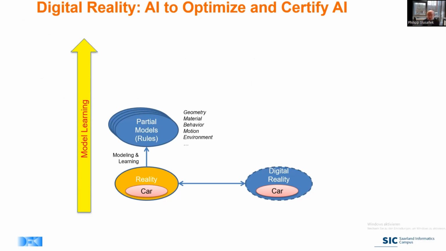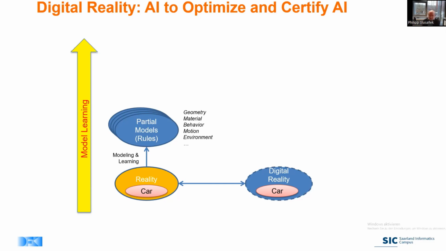The first one is we use AI to take data from reality, not necessarily these critical situations, but generally, like the motion of pedestrians in general environments, the models about other geometry, other materials, behavior, motion, complex environments, and so on. Models of bikers, pedestrians, things like that, all the people you typically see and objects you typically see in traffic environments, to stay with the autonomous driving example.